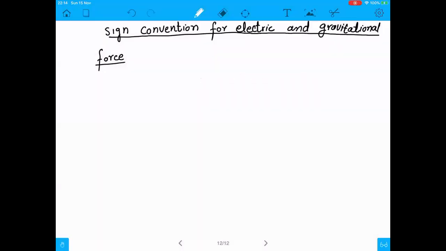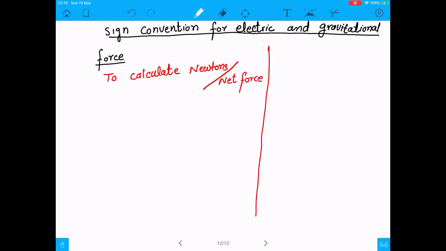So first of all, to calculate newtons, or more precisely net force, the sign convention will be different.